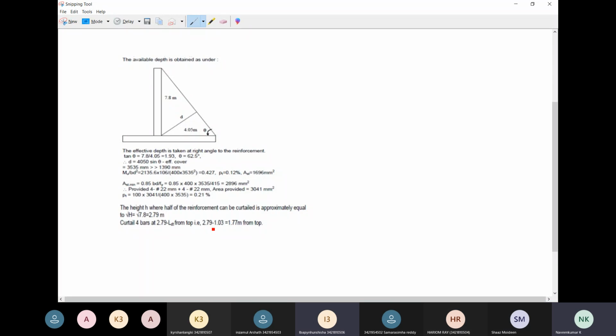Yes, sir. So this is the counterfort retaining wall, two-dimensional diagram.